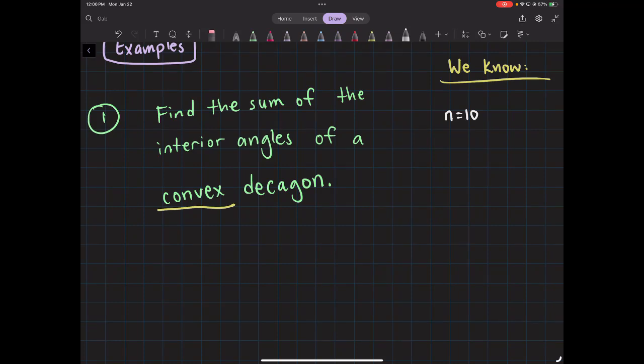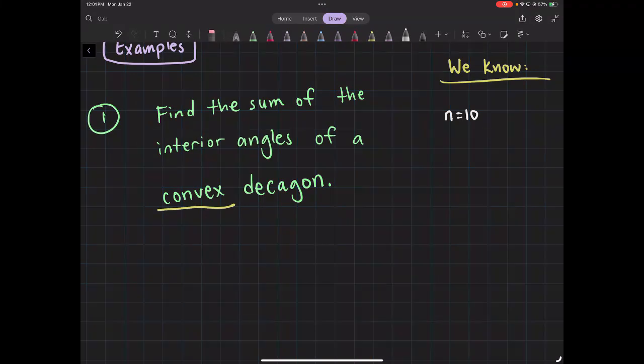How are you gonna find the sum of the interior angles? Convex? Okay, the convex part just means it looks like a normal shape. We know it equals 144 degrees.